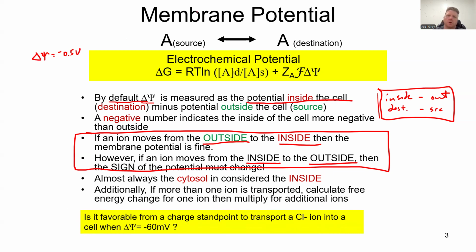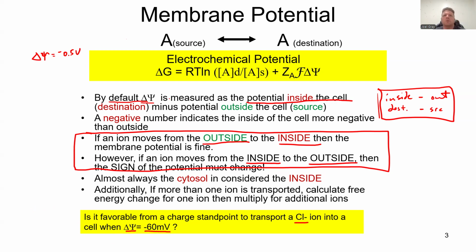So with this question right here, we have this question of, is it favorable from a charge standpoint to transport chloride ions into a cell when delta psi is negative 60 millivolts?